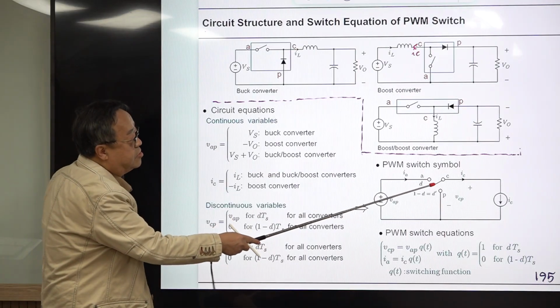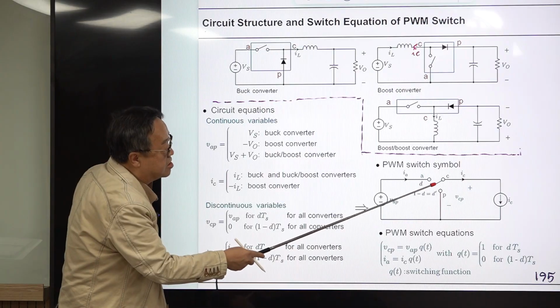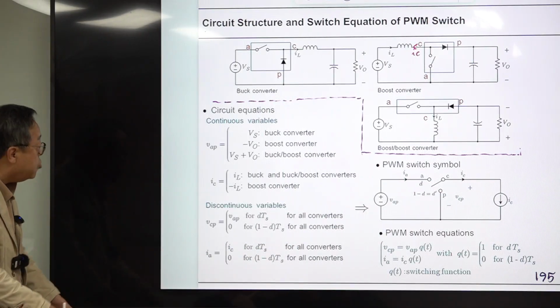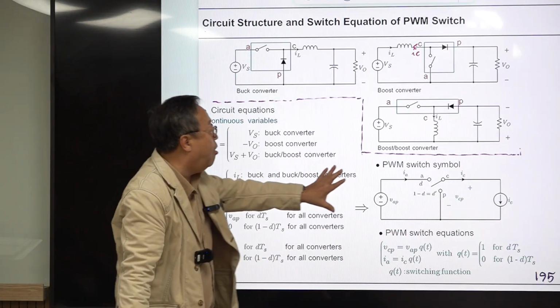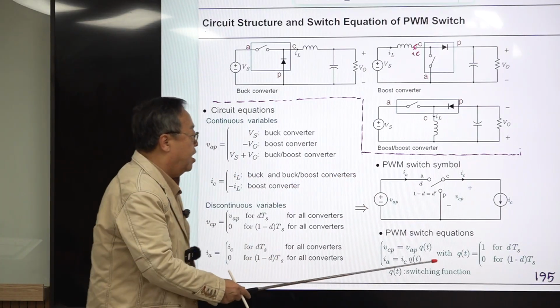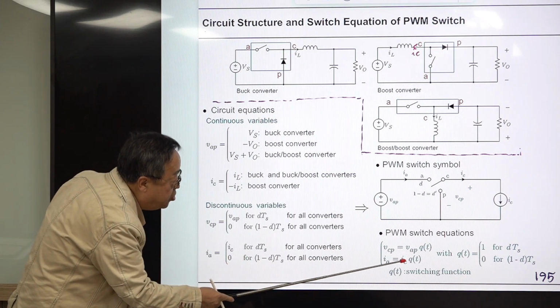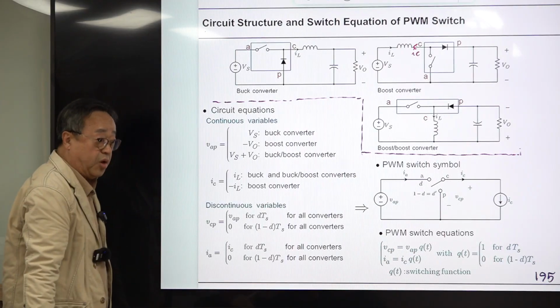When this is connected here, I_A is the same as I_C, and when this is connected here, I_A becomes 0. So there is a rule, and this is just the symbol of the PWM switch, and this is the equation of the PWM switch. These are the continuous circuit variables, and these are the discontinuous circuit variables.